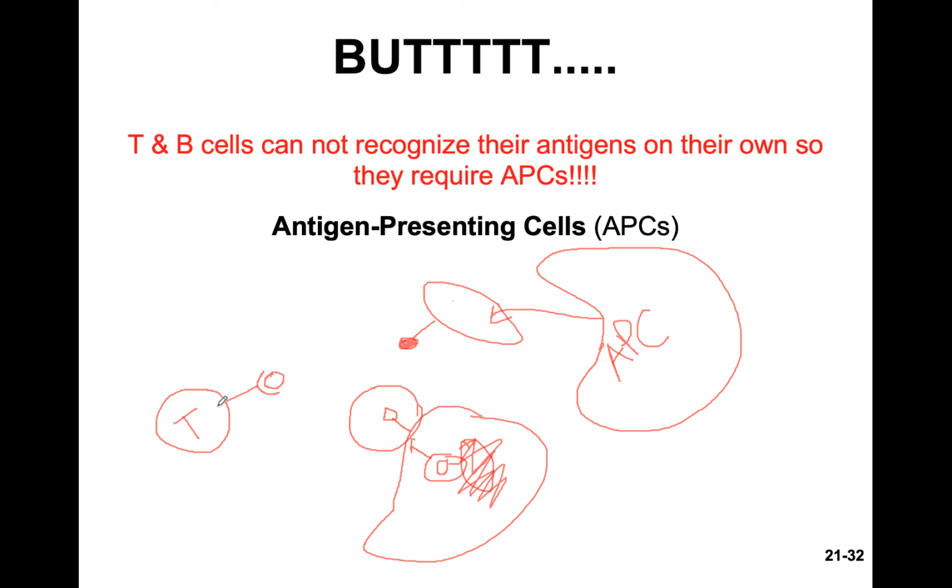So T cells and B cells require APCs to engulf the bacteria, disintegrate the bacteria, take the antigen, place it on its surface, and present it to the T cell itself. Only in this way can a T cell actually bind to the antigen and say, hey, I don't know who this guy is. I don't recognize him. So he starts dividing and creating this huge immune reaction.